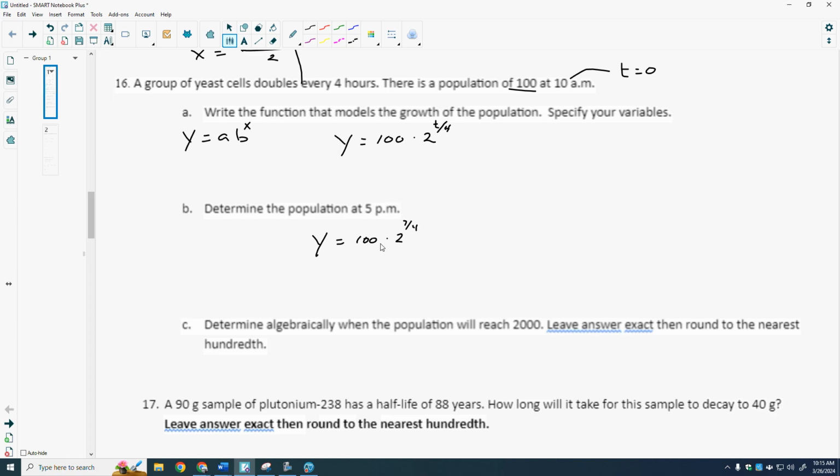Put your calculator, type in 100 times 2 raised to the, but be careful. On your calculator, you're going to go times 2 raised to the 7 divided by 4. And your calculator is going to do it the way you typed it, which is not right. This is 100 times 2 to the 7th divided by 4. And you need to make sure you throw parentheses around there.